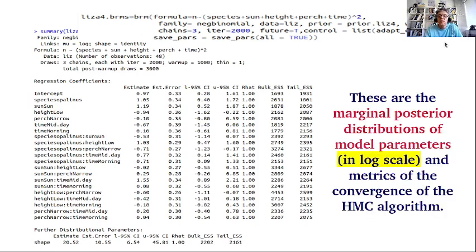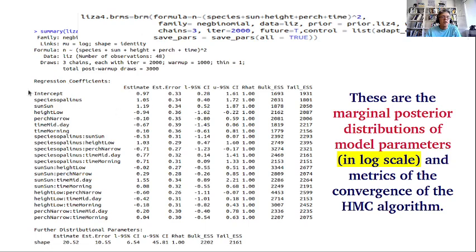Here are the marginal posterior distributions of the model parameters on the log-link scale, and the metrics of the convergence of the Hamiltonian Monte Carlo algorithm. What we see here is that the R hats are all close to 1 as a sign that the chains have converged to a common posterior distribution, and that we have a pretty large number of independent sample estimates in each of the chains for all the parameters.